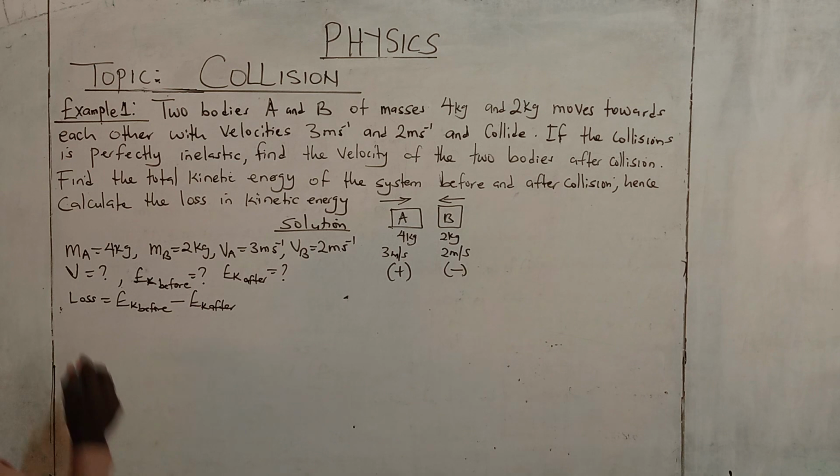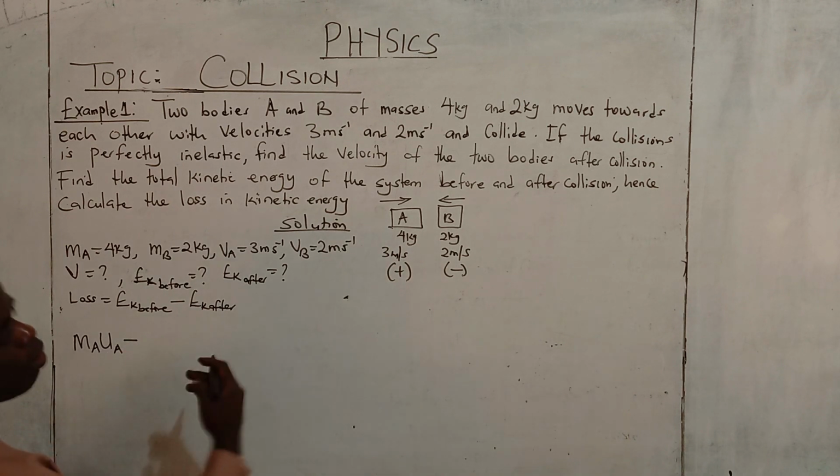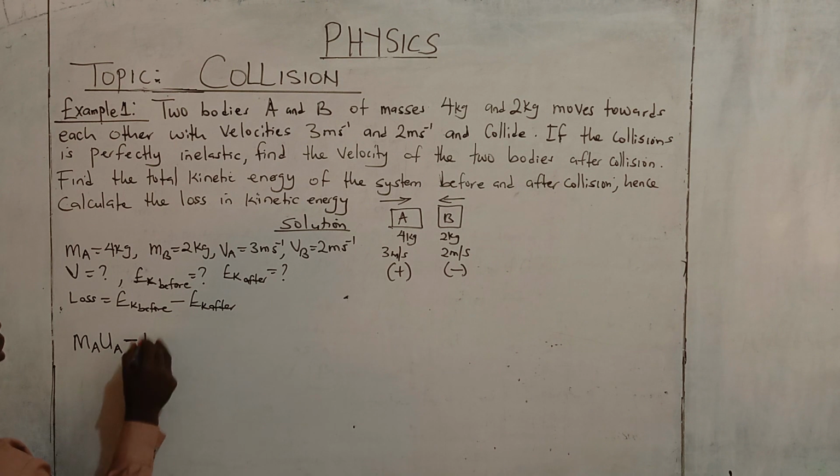Now what you do is go to the equation for the law of conservation of momentum, which is MA UA minus MB UB. It is supposed to be plus, but since it's coming from the opposite direction, you introduce negative.